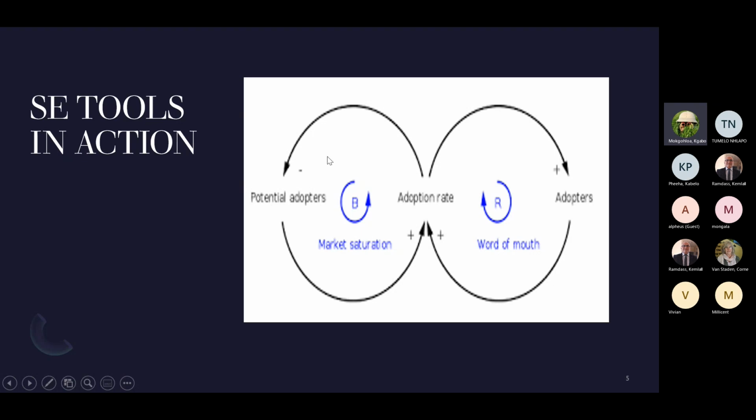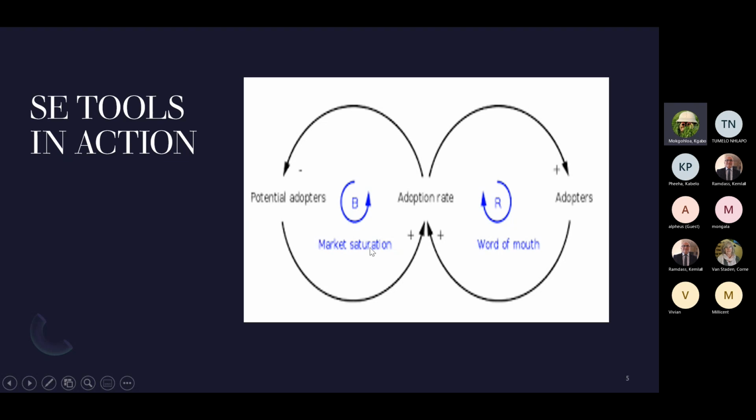here the number of potential adopters will reduce from a million to 900,000. So it will reduce from 1 million by 100,000. So it will be 900,000.